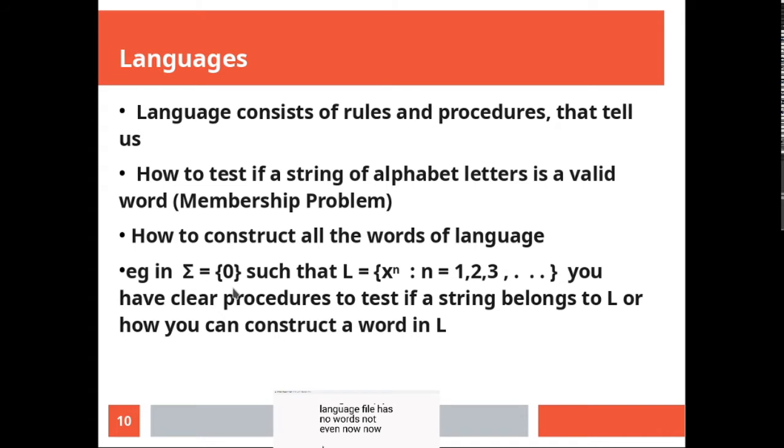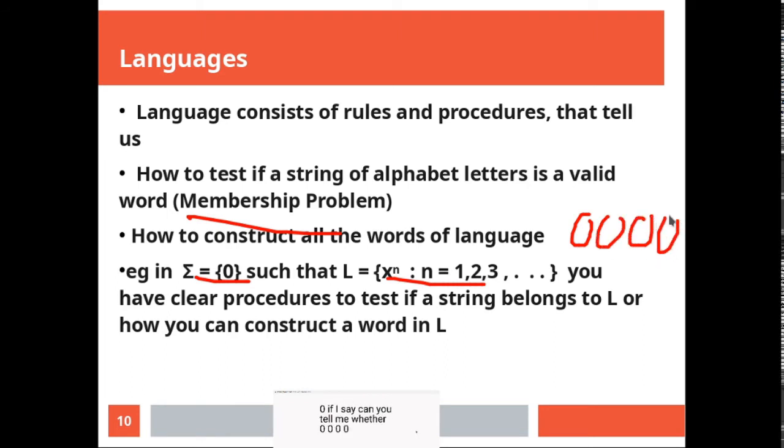Now coming more formally, languages consist of rules and procedures which will help you test if a string of alphabet letters or a string of input symbols is a valid word or not. So this is a membership problem. For example, in this particular language where it is defined over 0, if I say, can you tell me whether 0 0 0 0 is a part of this language, then I say, okay, let me check the rules.